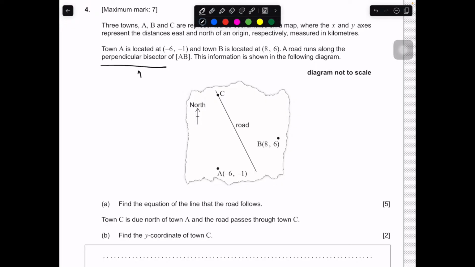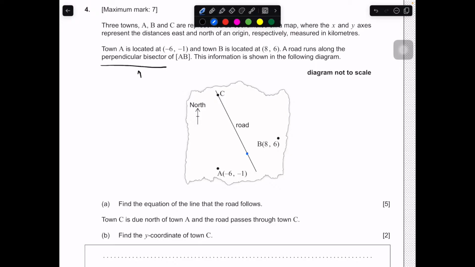Okay, so what do we need to know if we want to find an equation of a line? In this case, if we have a perpendicular bisector, if we find a point on the line and then a slope on the line, then we should be able to find the equation of a line. So where is this point on the line? How can we find a point on the line first?